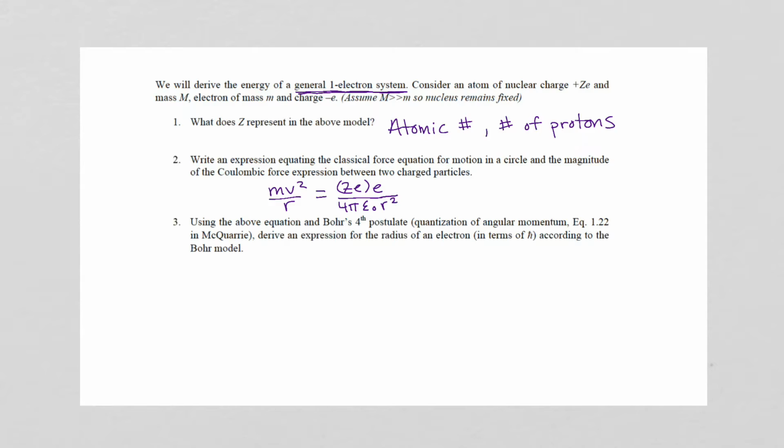And we know Bohr's 4th postulate, where we have mvr, our angular momentum, being quantized. So we know that equals nh over 2 pi. And we want things in terms of h bar, so we'll just convert that to n h bar. So remember, h bar equals h over 2 pi, and we call that our reduced Planck's constant.